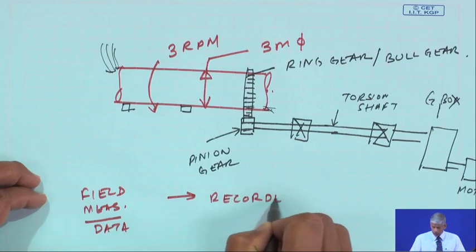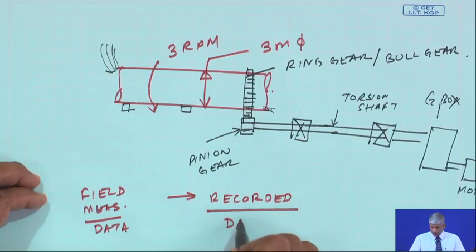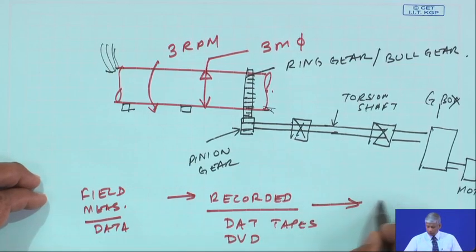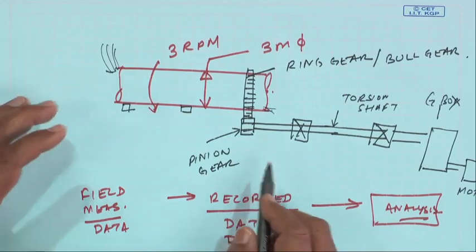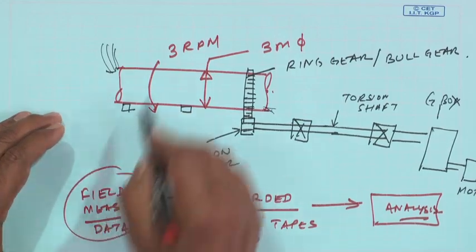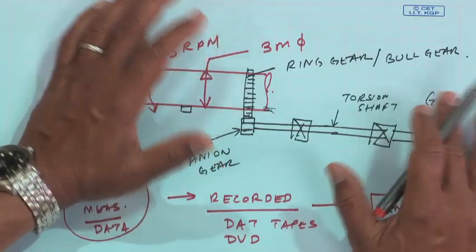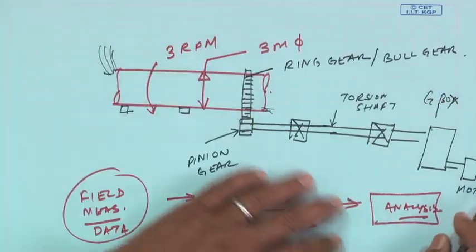We did discuss DAT tapes, or even nowadays DVDs, and then they are brought to the station where analysis could be done. And why did we record it? Because the environment is not conducive enough, not comfortable enough for anybody to do any serious analysis.